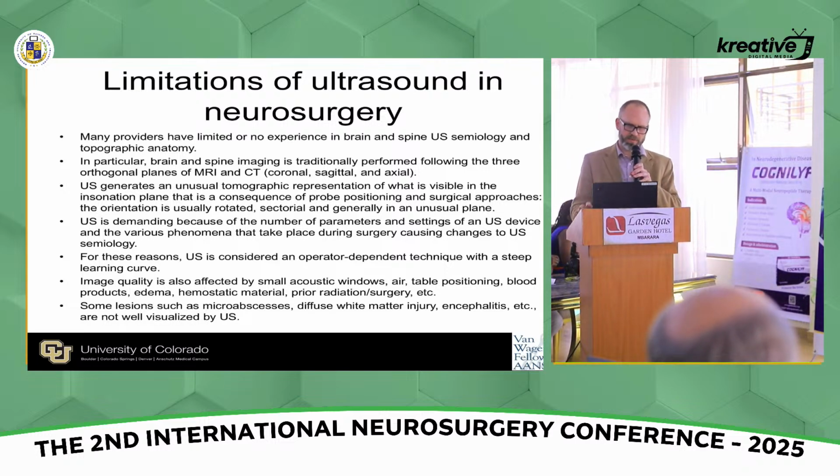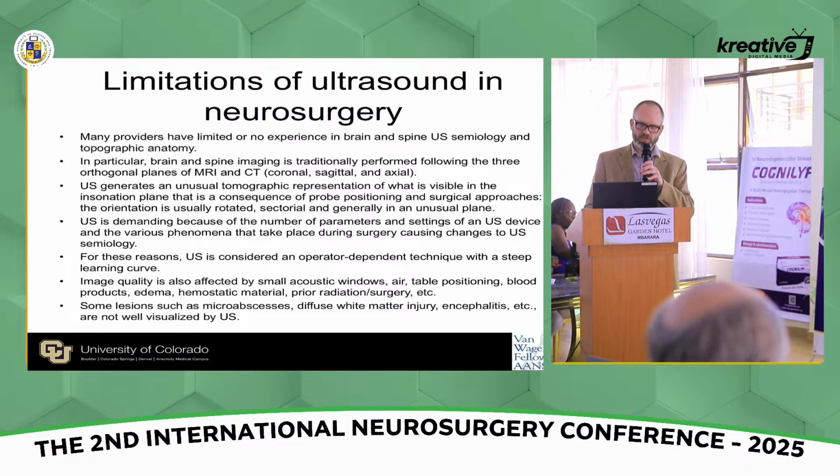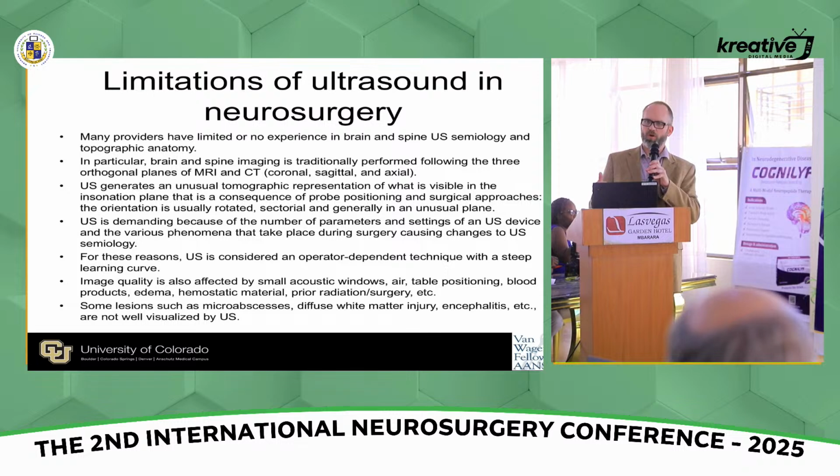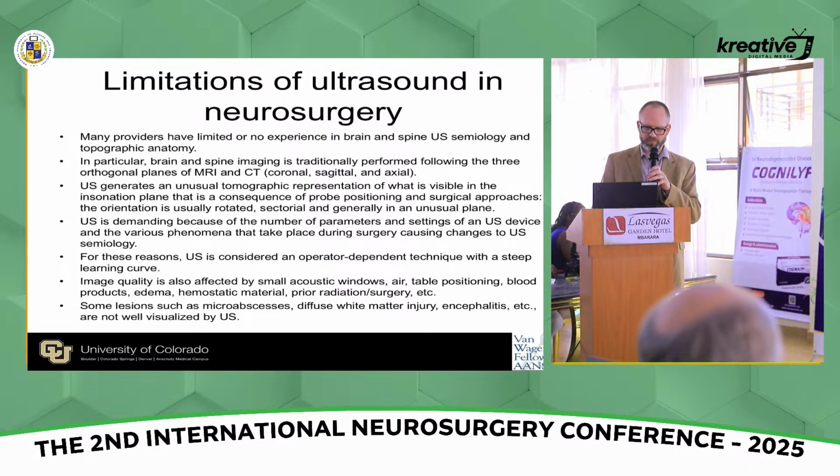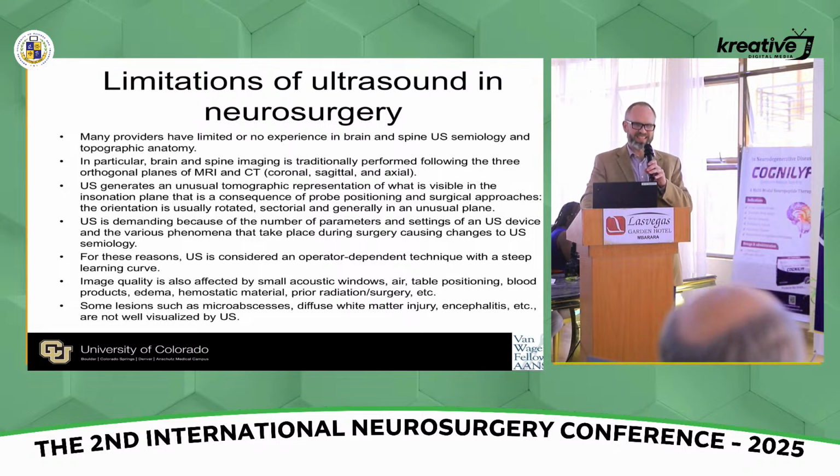The patient should be positioned again for a horizontal surgical field. Exposure has to be large enough to house the probe, so it depends on the size of your probe how large a craniotomy you need to make, and you should be able to freely tilt it and orient it as you need to.